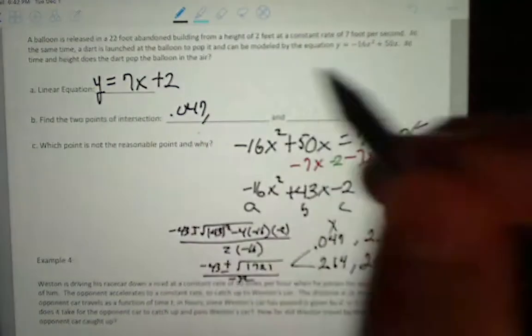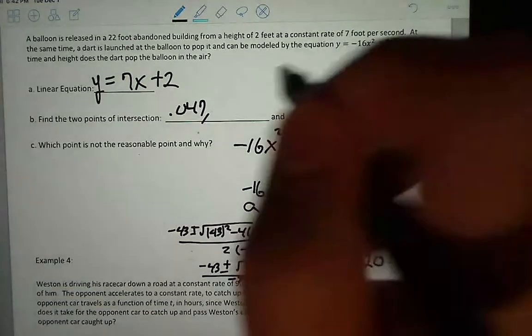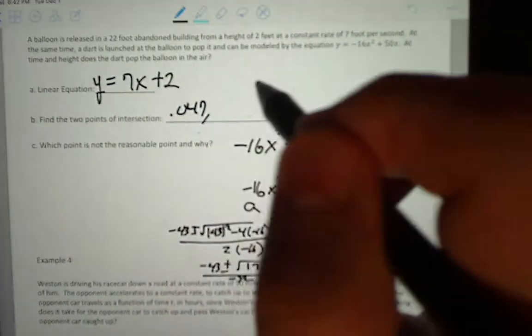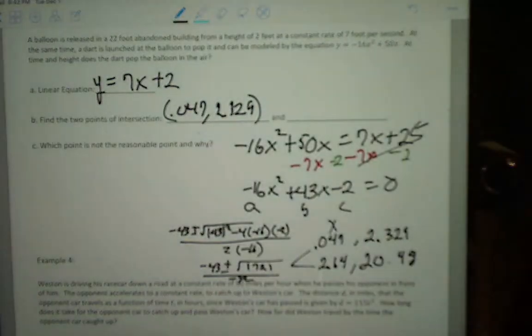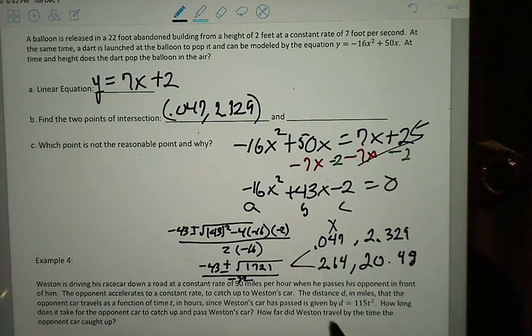I get 0.047 and 2.329. I'm going to check my math here in a second, because the answer to this should actually be higher than 20.48, unless I typed it in wrong, which wouldn't surprise me. Not typed it wrong, wrote it wrong.